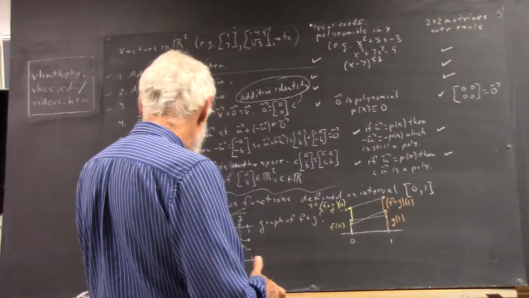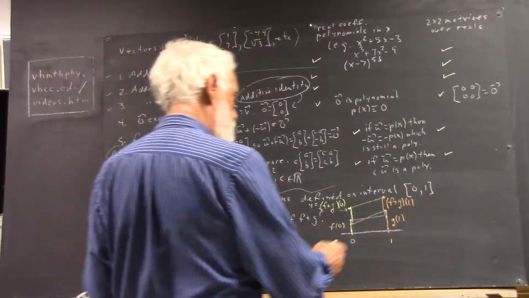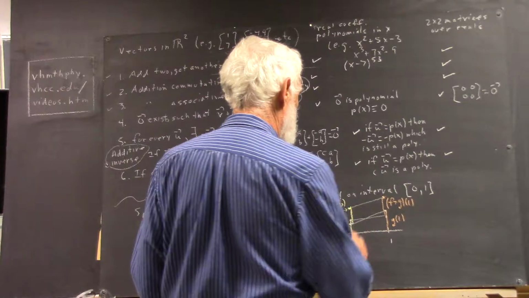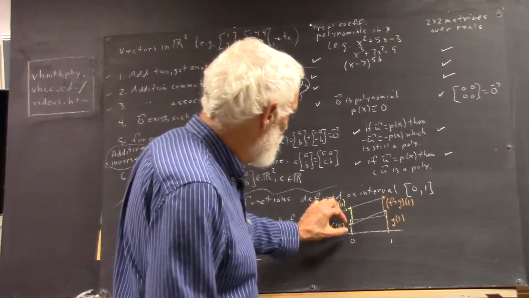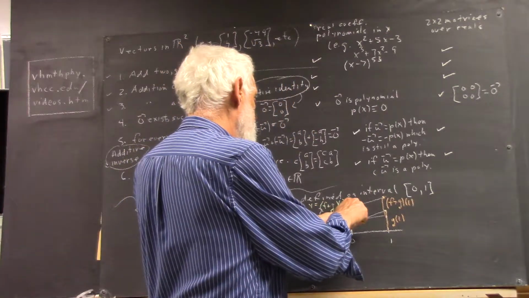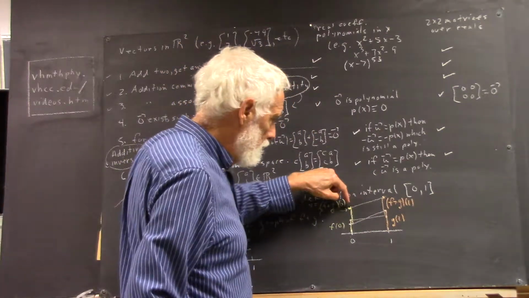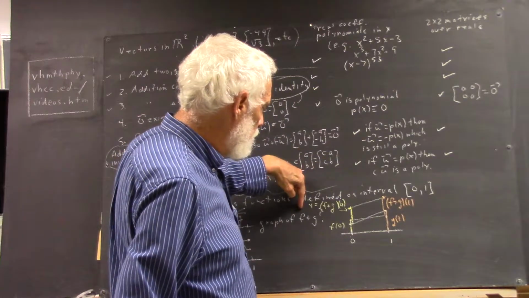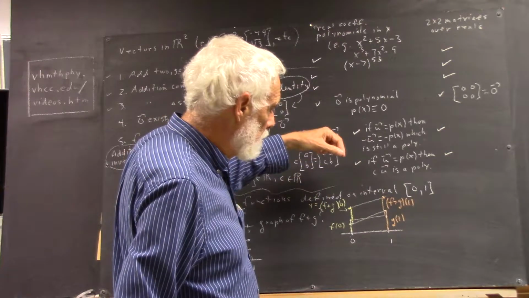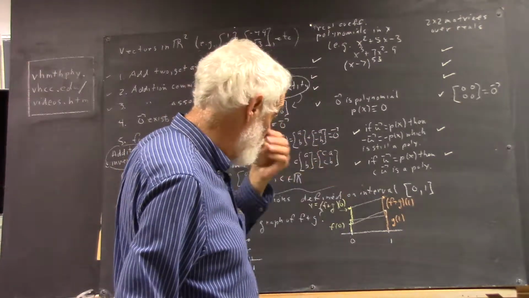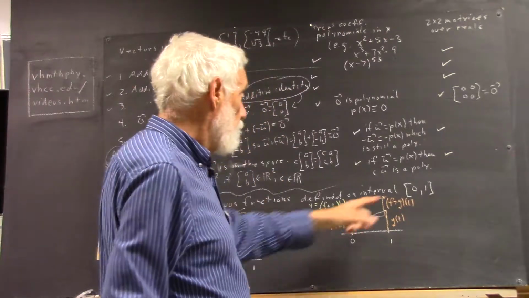So if I start at the value g of 0, which I haven't labeled, but right here is the value of g of 0, and add the value of f of 0, I get up to here, and now the y-coordinate is f of 0 plus g of 0, which is f plus g of 0. Okay? Now, I can do the same thing at 1.